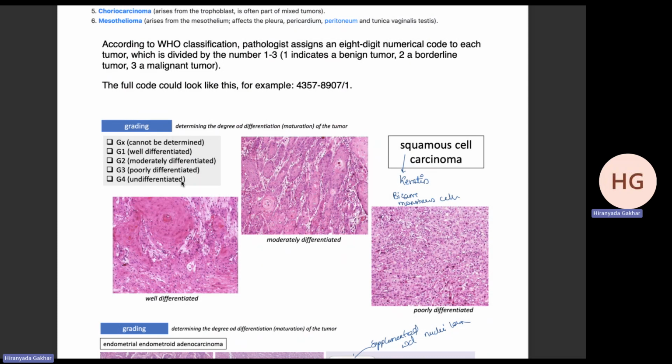Now, when I say that the tumor is undifferentiated, again taking the example of an epithelial tumor, it is when a tumor is growing in the epithelial tissue, but it looks entirely different. So it has lost the epithelial look, and it's completely bizarre, poorly differentiated, and entirely something else. So they're bizarre cells.